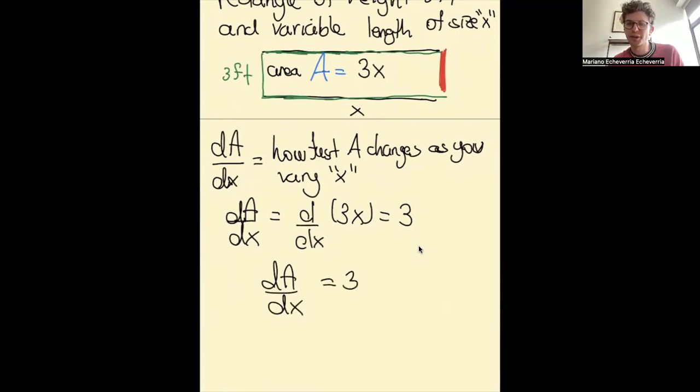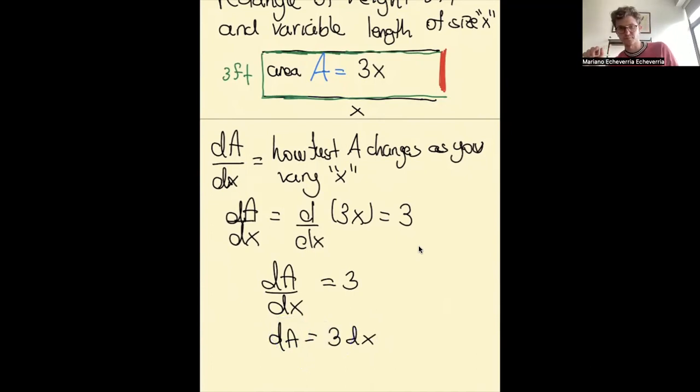This is actually better to interpret by multiplying both sides of the equation by dx. It's more convenient this way because it is saying that if you change the length of the rectangle by some amount, which we're calling dx, by a tiny amount, then the value of the area will change by a corresponding amount equal to 3dx.